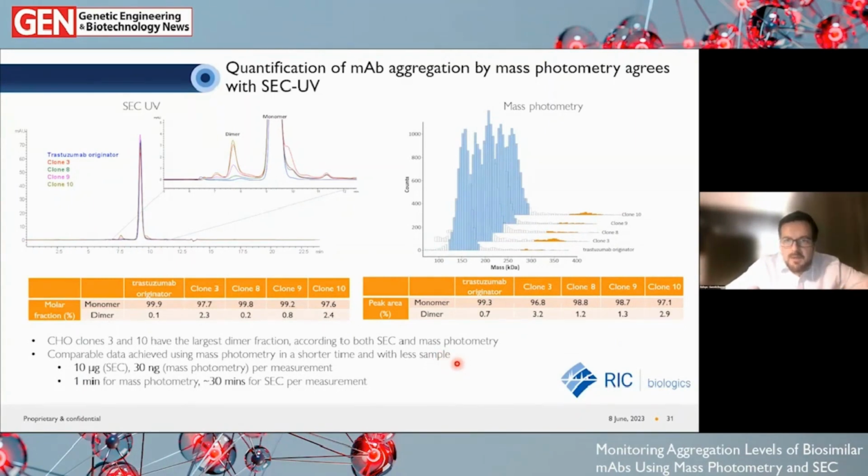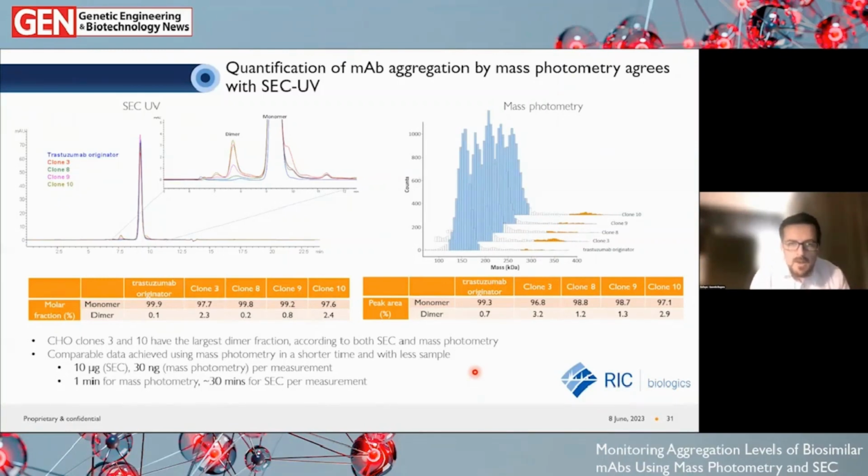Just a few things to mention: the data is comparable, but with mass photometry you can get to results like this in a shorter space of time with less sample. So in the case of some of the SEC-based measurements, the loading of sample was in the microgram order, whereas with the mass photometry measurements, we're down in the nanogram range.